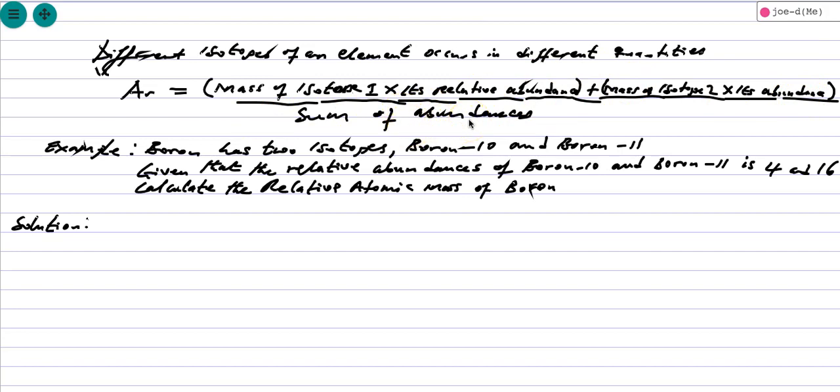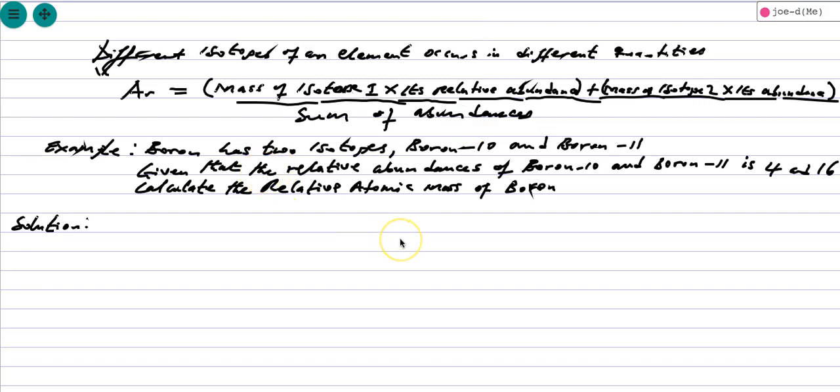Okay, so if an atom has, let's say, 2 isotopes, carbon-12 and carbon-13, and 10% of the atoms you come across are carbon-12, multiply 10 by 12, and 90% of carbon you come across is carbon-13, multiply 90 by 13, and then you divide that sum by the sum of the abundances, which in most cases will be 100.